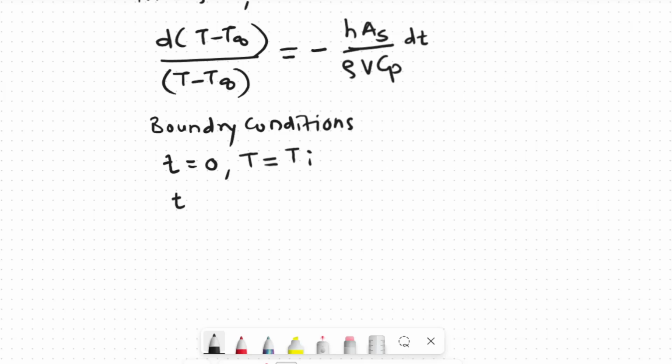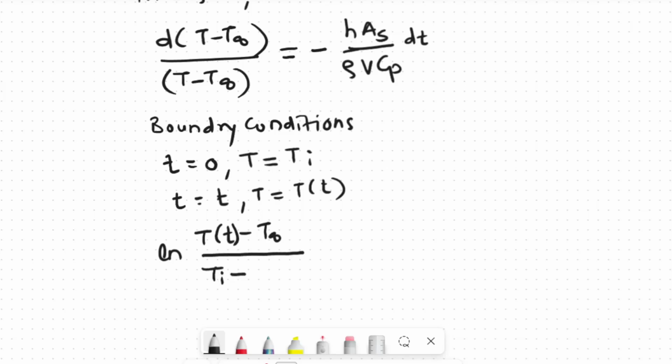And when time is t, the body temperature will be equal to T, the temperature at time t. So the integration of 1 by (T minus T infinity) will be equal to natural log of (T minus T infinity) upon (Ti minus T infinity).